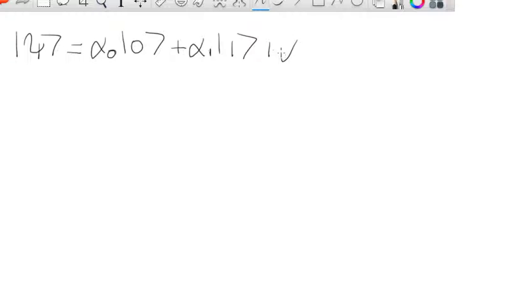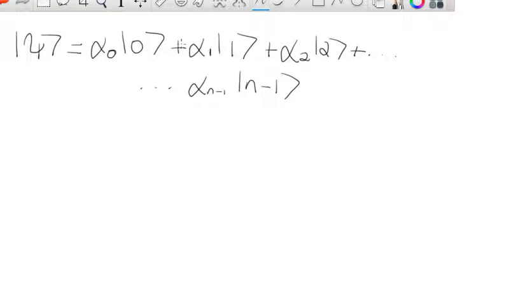Now we can write ket psi is equal to alpha 0 ket 0 plus alpha 1 ket 1 plus alpha 2 ket 2, and we can keep going all the way up to alpha n minus 1 ket n minus 1. So before we just had two-level systems, now we can go up to n minus 1.